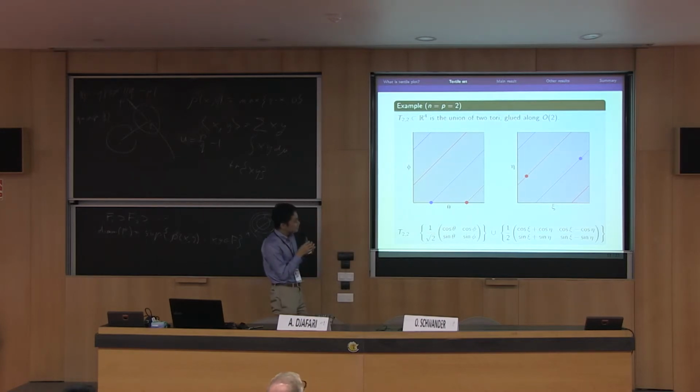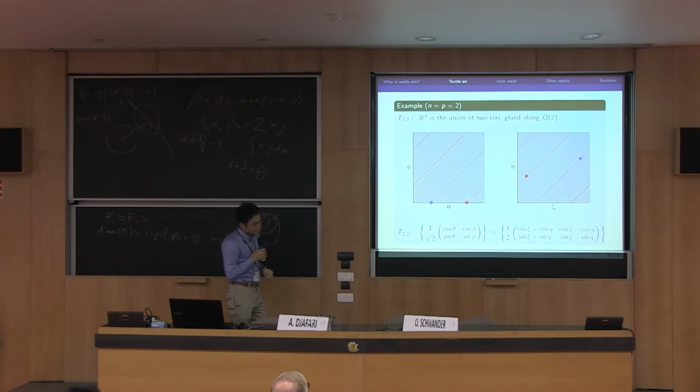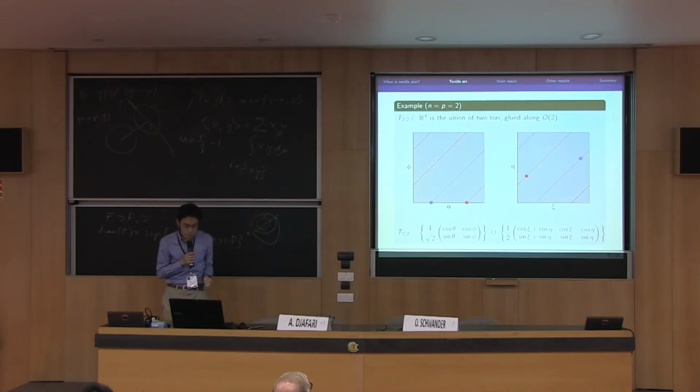It is not easy to imagine, but anyway, there are two tori, and the blue line and red line are glued to each other. This is an image of the set T_2,2.